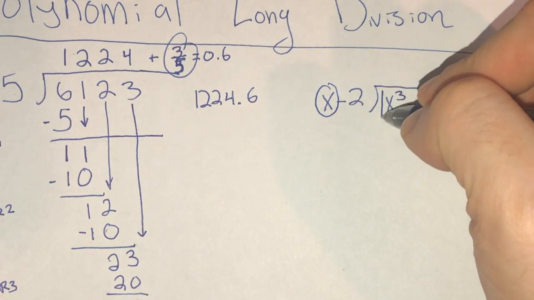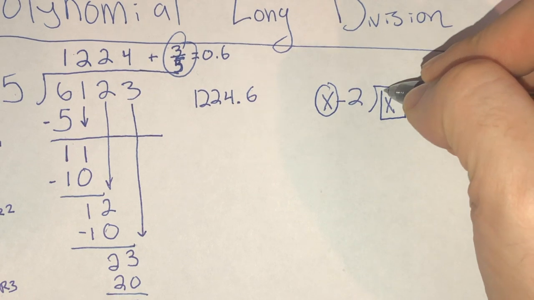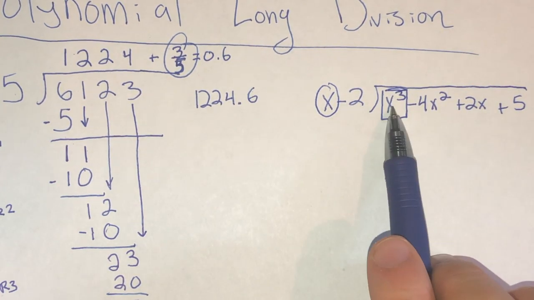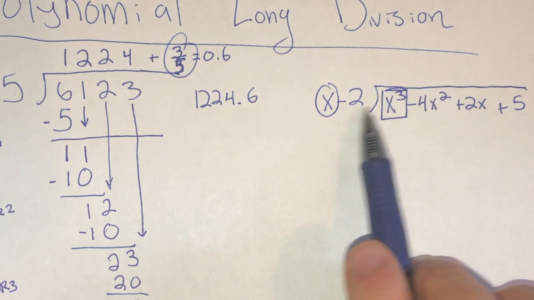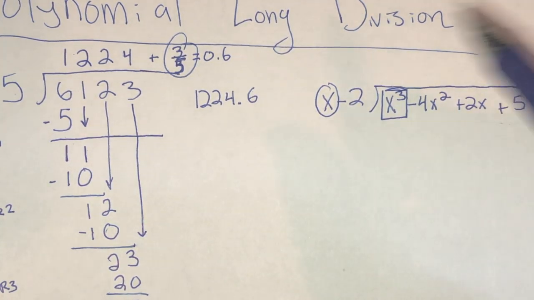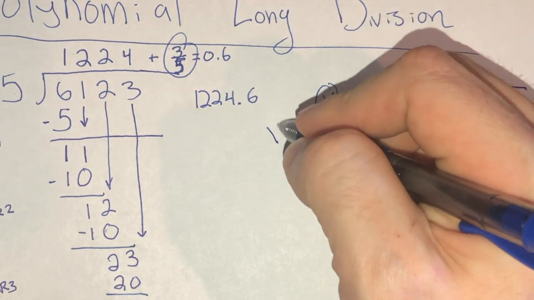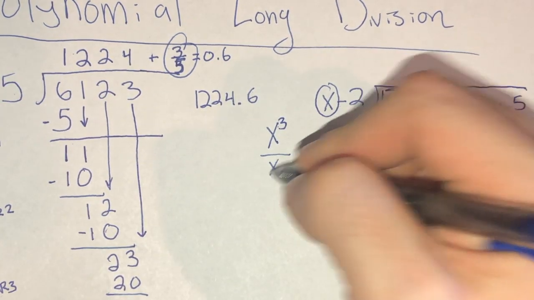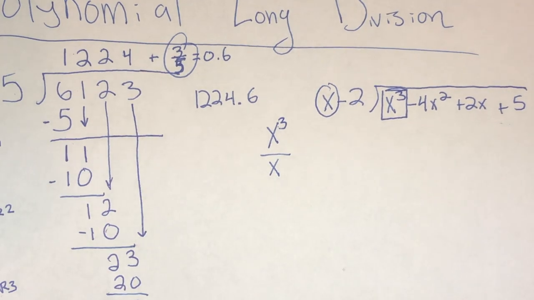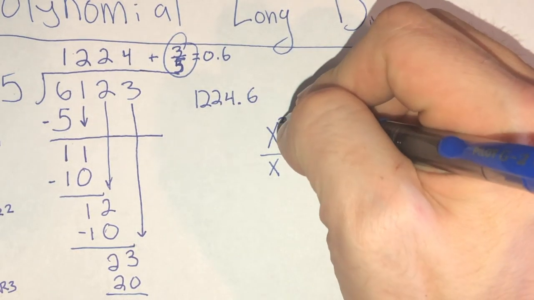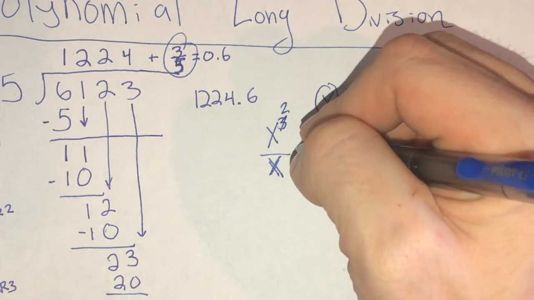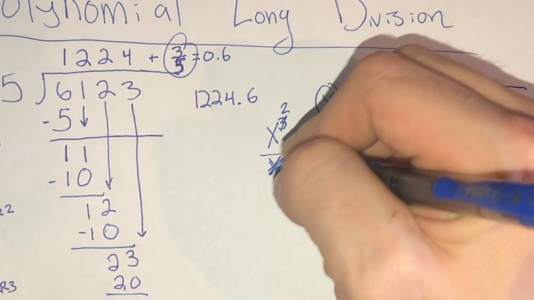So I'm going to take what's called my leading term of the dividend, that's what we call this part, and I'm going to divide it by the leading term of the divisor. So I'm going to say, well, how many times can I get x into x cubed? Okay, and by using the laws of exponents, we know that that's a total of x squared times, right?